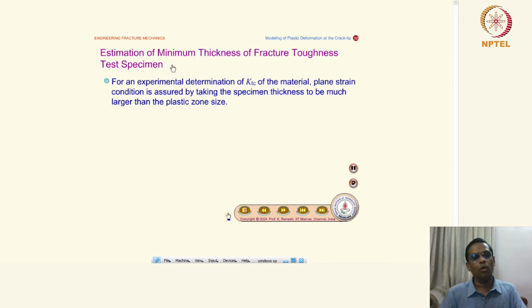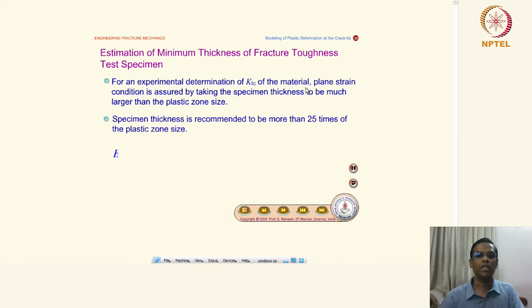So how do we estimate the minimum thickness of the fracture toughness test specimen? What is the minimum thickness for estimating the fracture toughness of the test specimen? For an experimental determination of K1C, the plane strain condition is assured by taking the specimen thickness to be much larger than the plastic zone size.